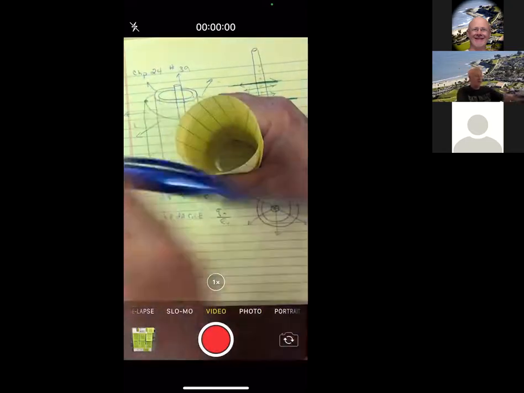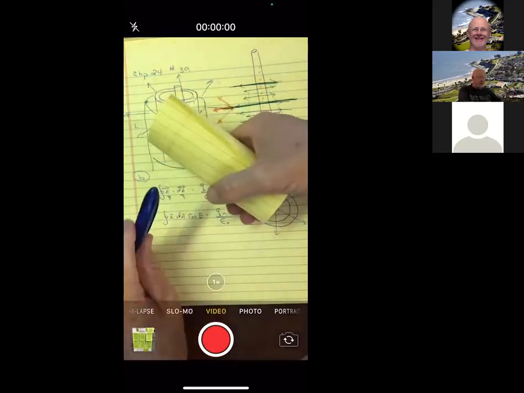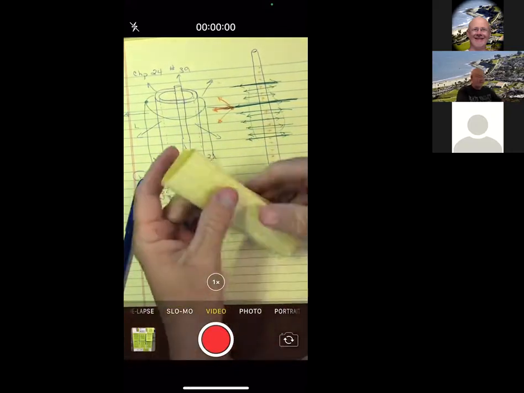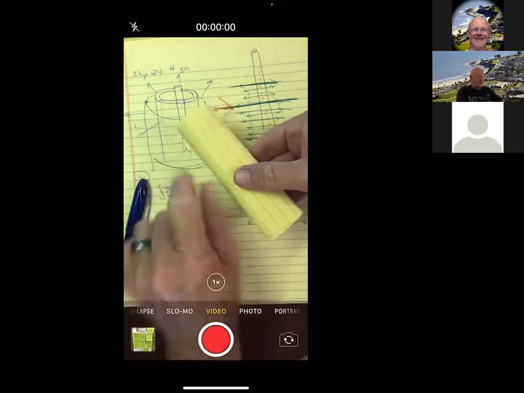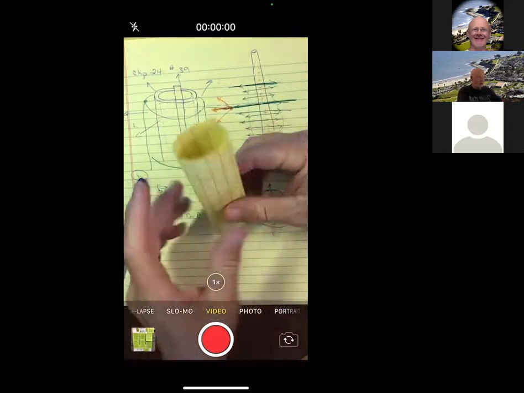So go out this way, and it's perpendicular to the z-axis. So it would go out this way as well as up towards the screen over here.